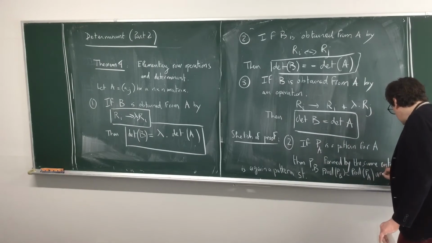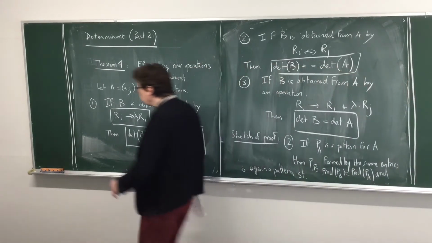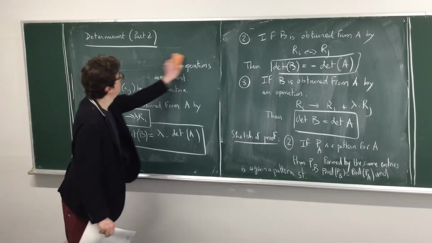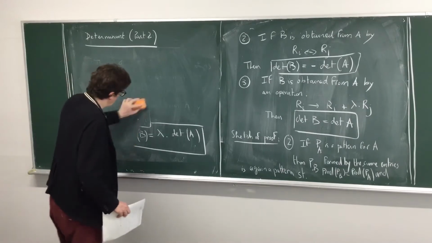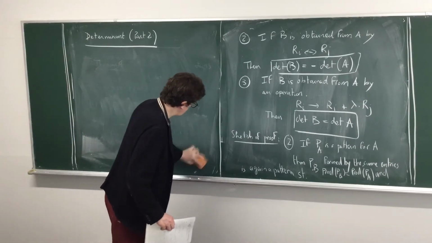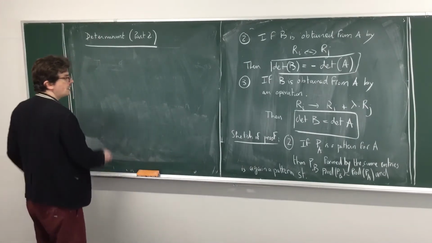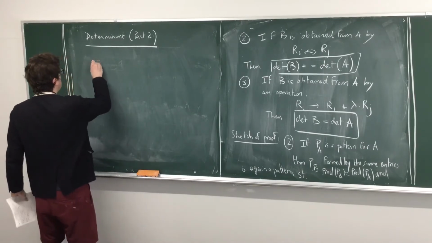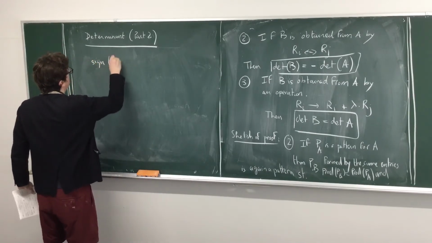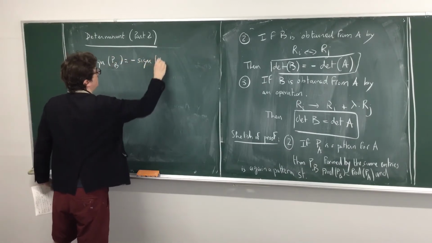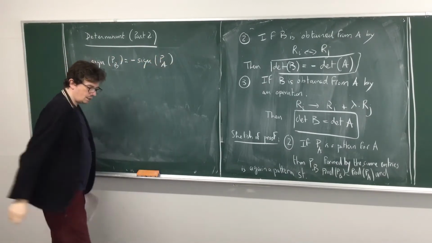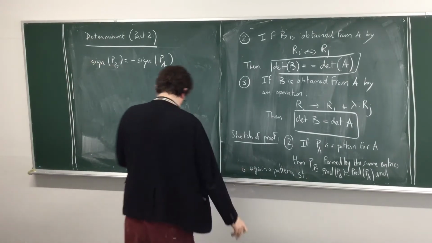And the sign will be modified. You will have a different number of inversions, and the sign of PB will be equal to minus the sign of PA. So please check that. You can check in the example 3 by 3.